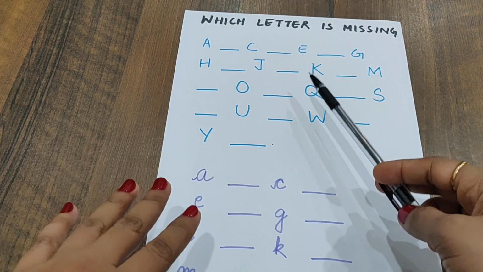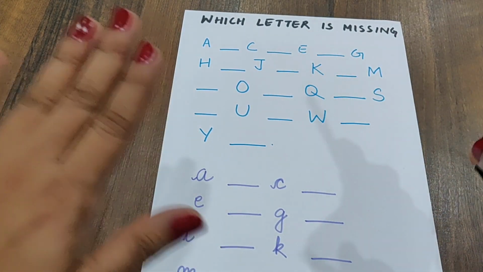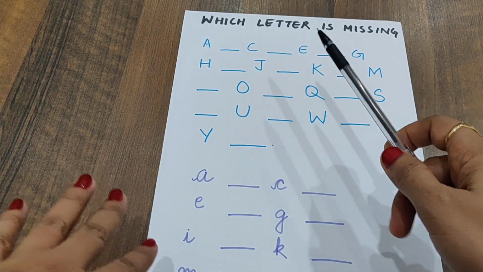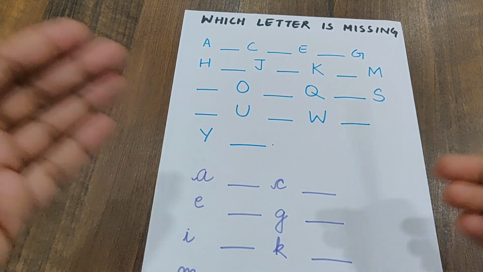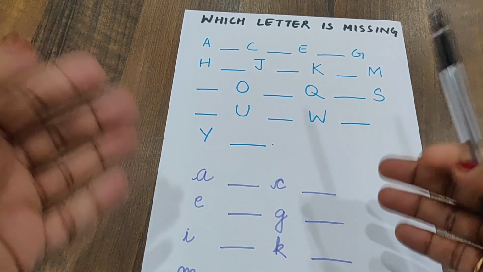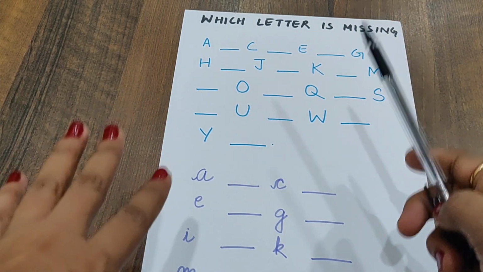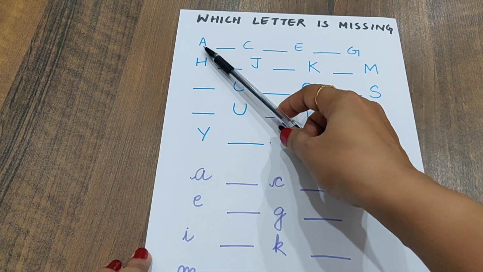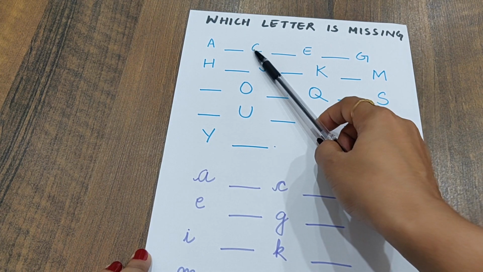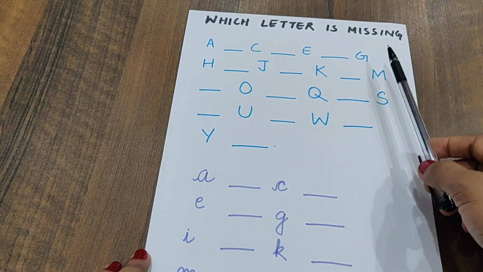It is totally up to you how you want to place the blanks. That is, if you want to place two blanks after and before each and every letter, that is totally up to you. But for beginners, if I have to say, begin with one particular blank. So here it is A blank, C blank, E, and it goes like that.